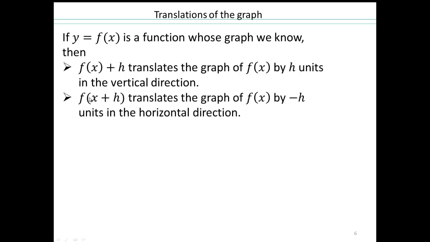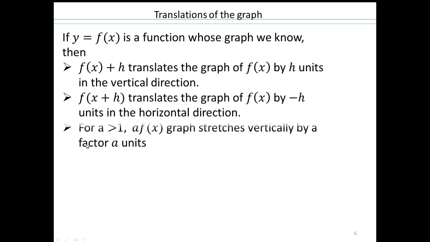What if you have x plus h? Then you translate the graph in the horizontal direction by -h units. So if you have a function evaluated at x plus 2, you're moving the graph 2 units to the left. X minus 2 will move it 2 units to the right, as we saw.